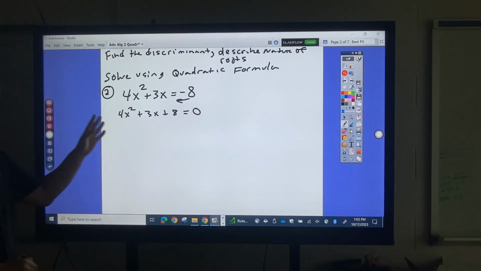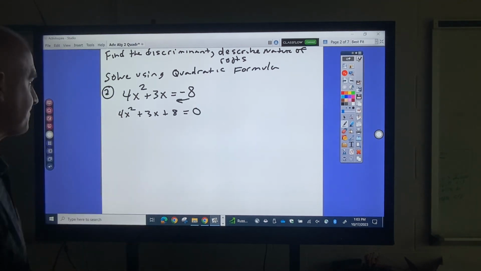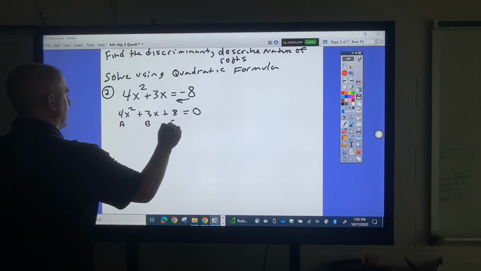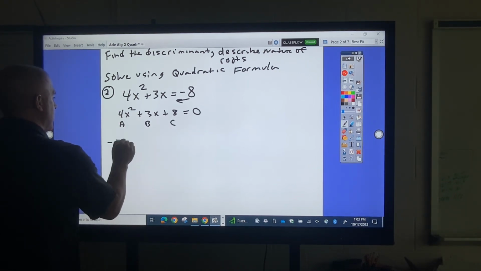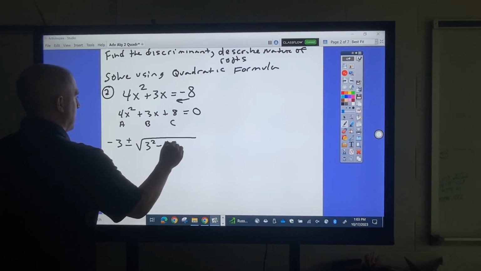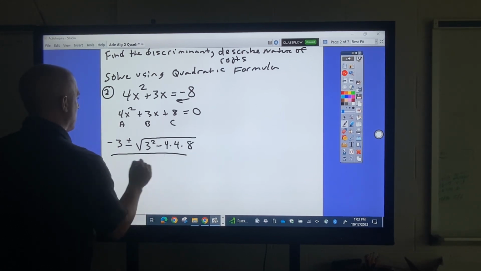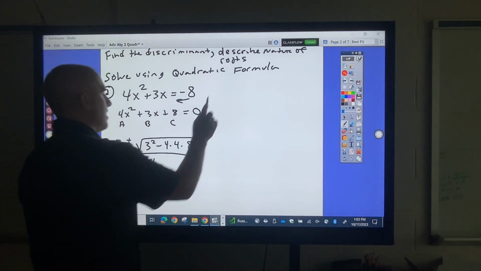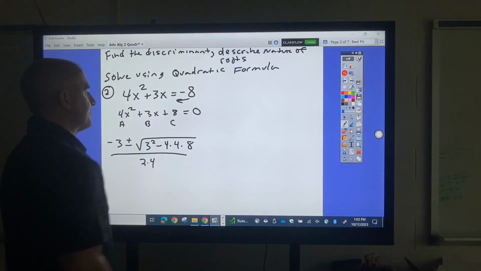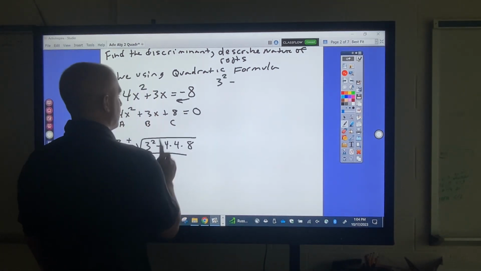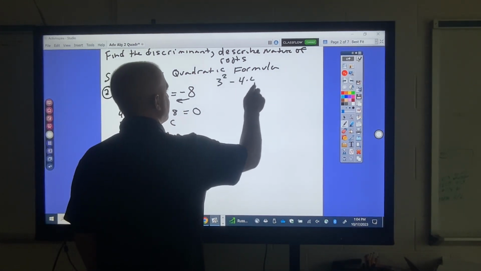Make sure you have the correct order. This is my A, this is my B, this is my C. So I've got negative 3 plus or minus the square root of 3 squared minus 4 times 8, all over 2 times 4. Now, let's look at the discriminant. In this case, it is 3 squared minus 4 times 8.